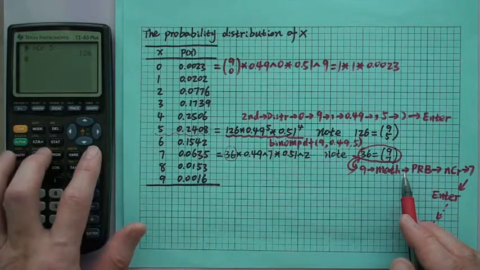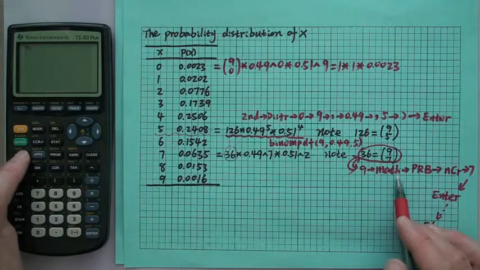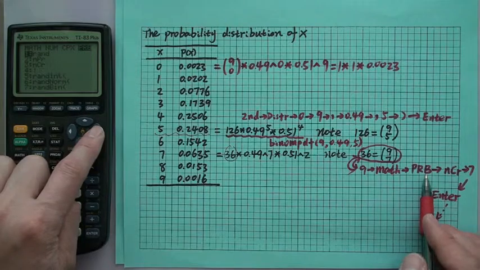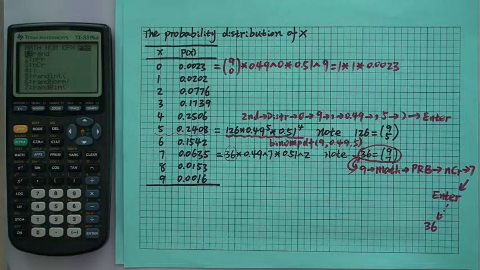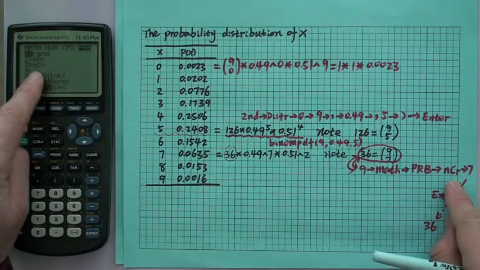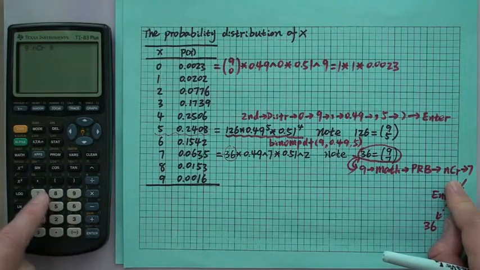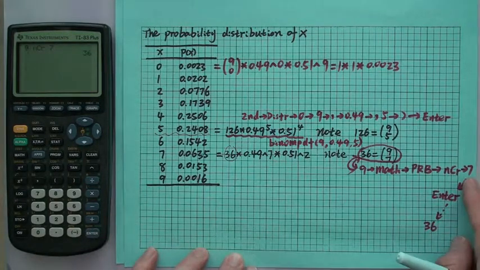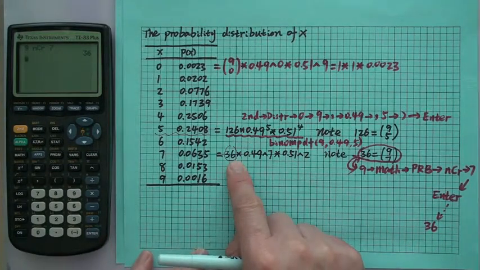Again, if you want to practice more, it's 9, math, highlight PRB, and then number 3. I should put number 3 here, I have NCR, anyway, that's number 3. Then you input 7, hit enter, and you have 36.